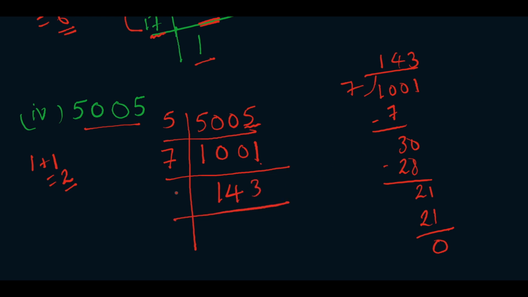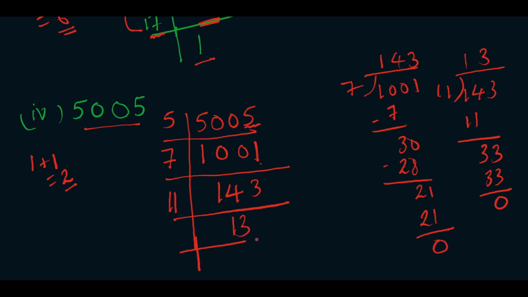Now for 143, 9 is not a prime number, so we move on to 11. You divide 143 by 11. 11 ones are 11. Get 3 here. 11 3s are 33. Get a 0 here. So we divide by 11, we get 13. 13 itself is a prime number, so we divide by 13 again, we get 1 here.